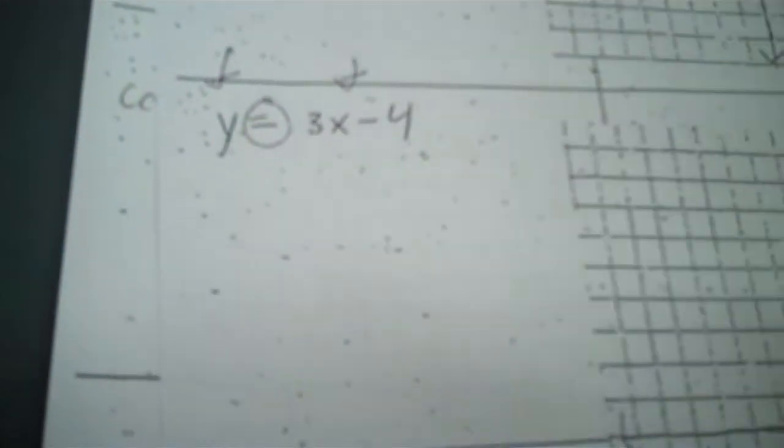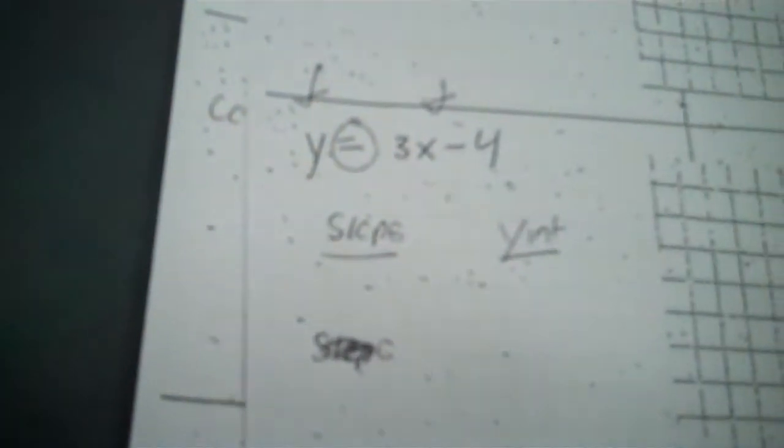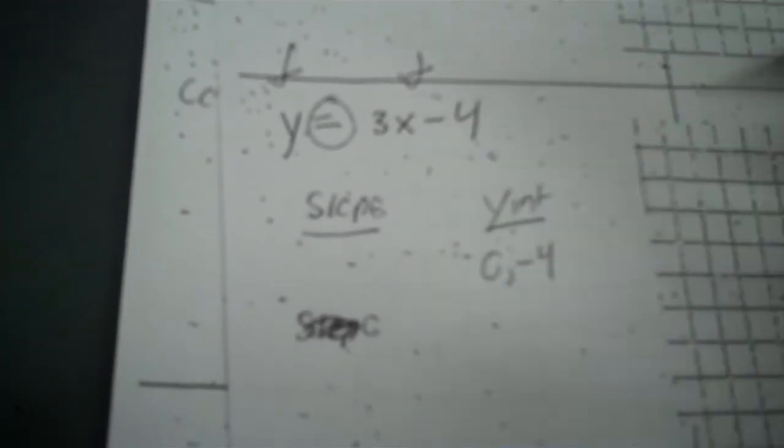Okay, then the last one. Y is all by itself, x over here. So again, we have another equation where we have slope, y-intercept form. Okay, so -4 is the y-intercept.